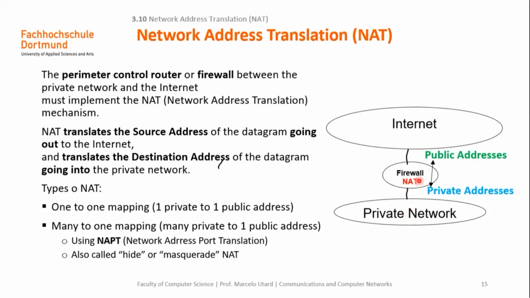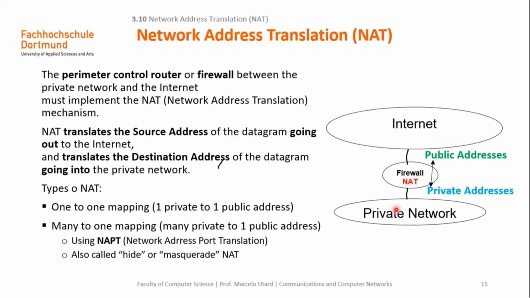Then there are different types of network address translation mechanism. The simplest is one called one-to-one mapping. That is, when we always associate the same private address with the same public address, and this assignation is one-to-one.